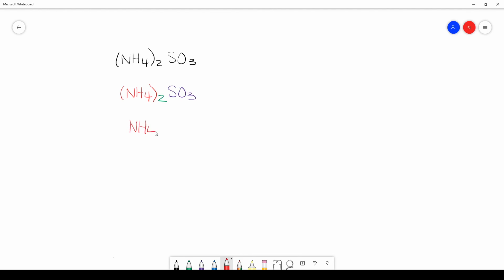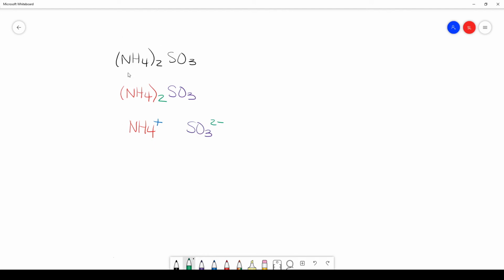So my formula for ammonium is NH4. It's a polyatomic ion that we've already established. We just need to know it. And it has the charge of a plus 1. The rest of this is my anion, SO3, and it has a charge of a 2 minus.